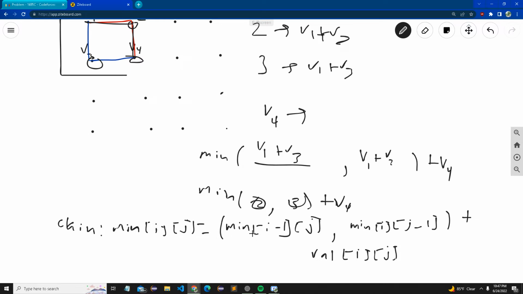So let me actually write this in here: the minimum of these, which is basically the minimum of this and that. In short, it's the minimum of the cost from the one above and from the one to the left.